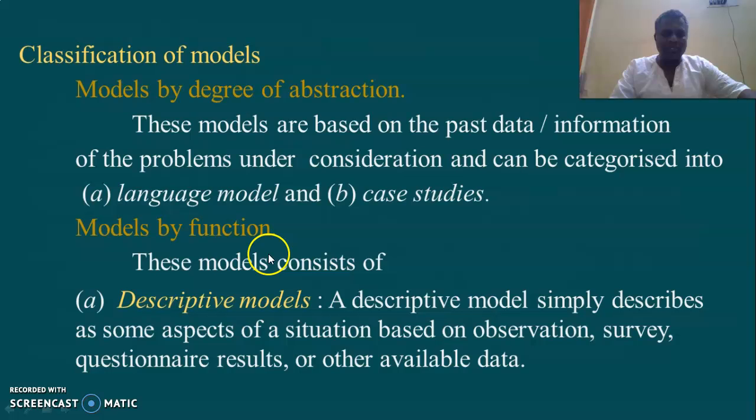Models by function. This model consists of some models. Descriptive models. A descriptive model simply describes some aspects of a situation based on observation, survey, questionnaire results, or other available data.